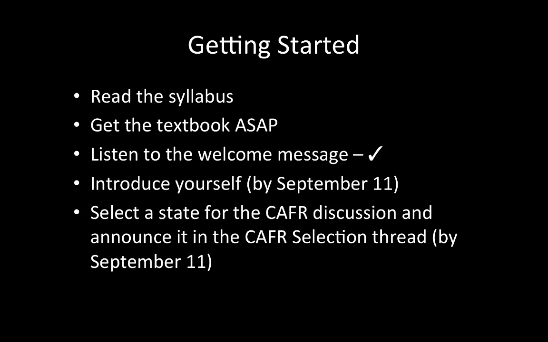And while you're at it, let us know why you've chosen that particular state. But if somebody else gets in there first and posts before you that they've chosen that state, then you're going to have to choose a different state. So make sure that you get in there and post which state you're using as quickly as possible, and also make sure you go to their website and obtain their fiscal year 2015 annual financial report. There's more in the syllabus about how to do that.